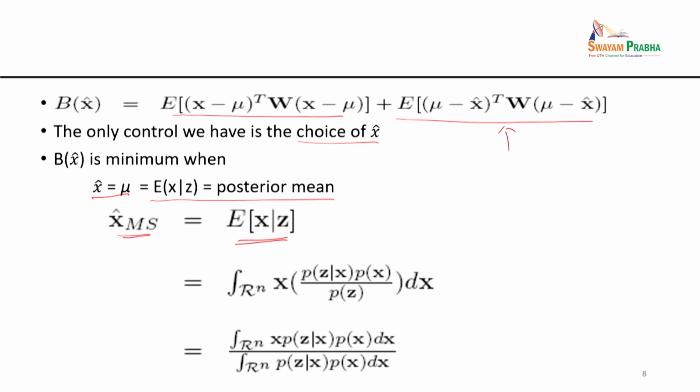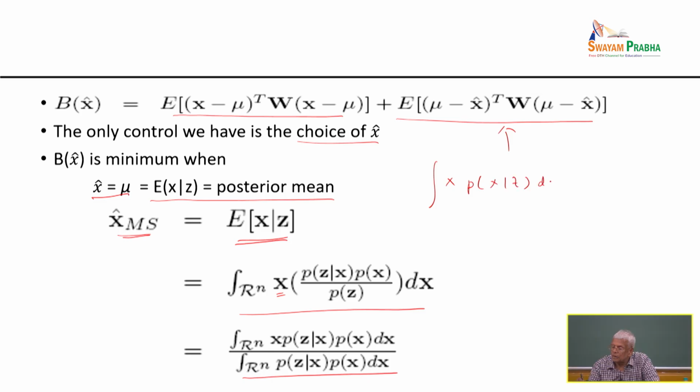The conditional mean expression is given by this. It can also be given by this. I am simply expressing it using the conditional density: the expected value of x given z is the integral of x times p of x given z, dx.